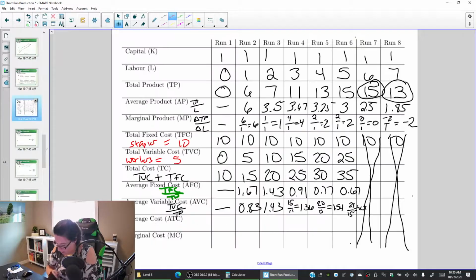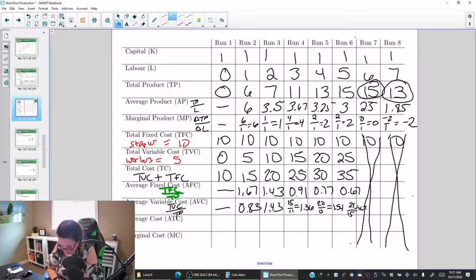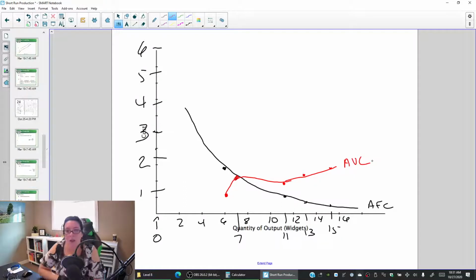Okay, and then we are at 1.54. And then at 15, we are at 1.67. All right, let's plot this. We go up and then down and then up. All right. So why does our average variable cost look like this?